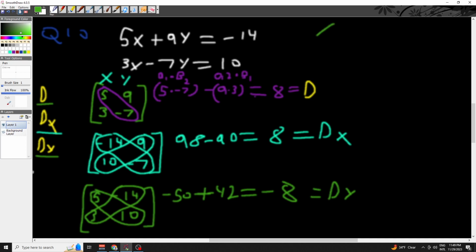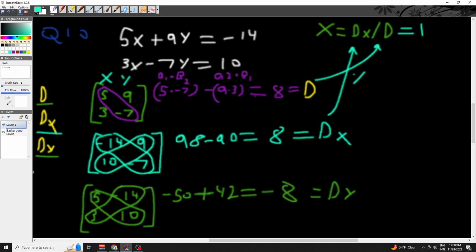In order to get x, we do the determinant of x over the determinant. So in this case, it's going to be 8 divided by 8, which makes x equal to 1. Holy cow! That's so cool.